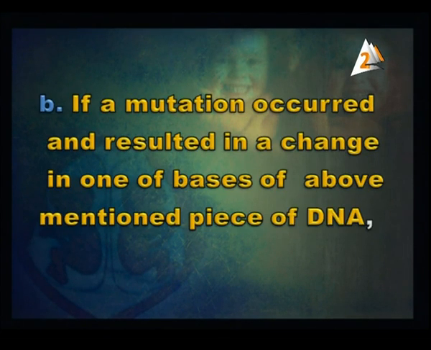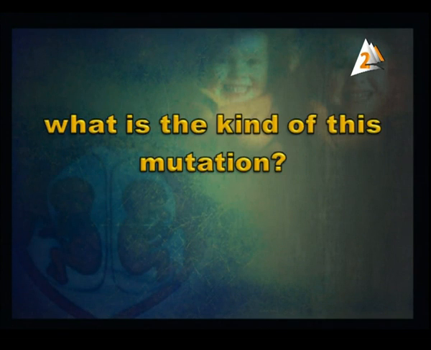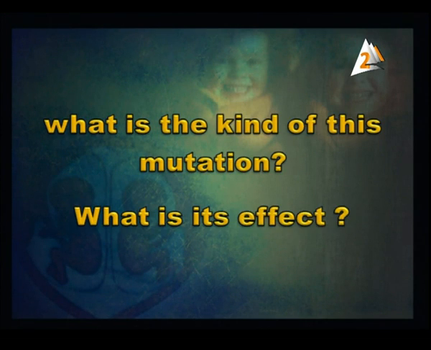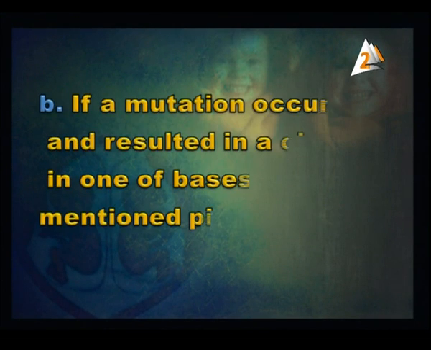If a mutation occurred and resulted in a change in one of the bases of the above mentioned piece of DNA, what is the kind of this mutation and what is its effect? I am going to say this question again because it's a long question, and please concentrate.